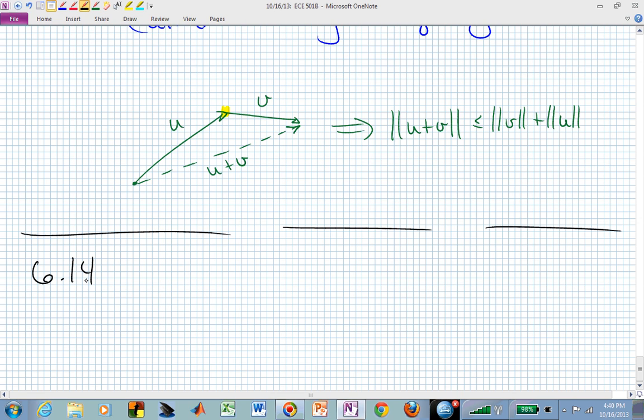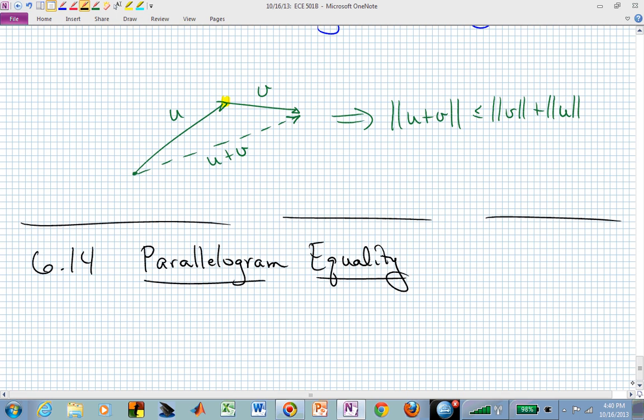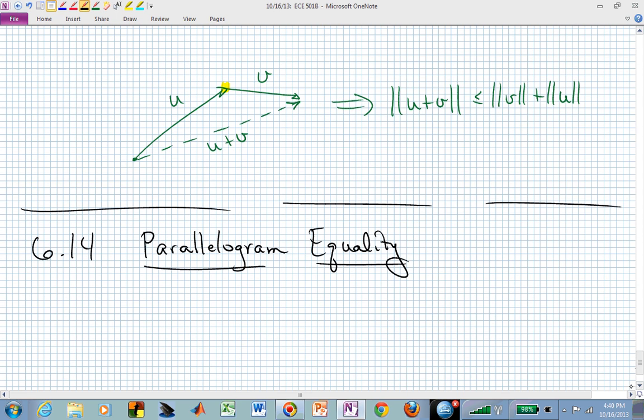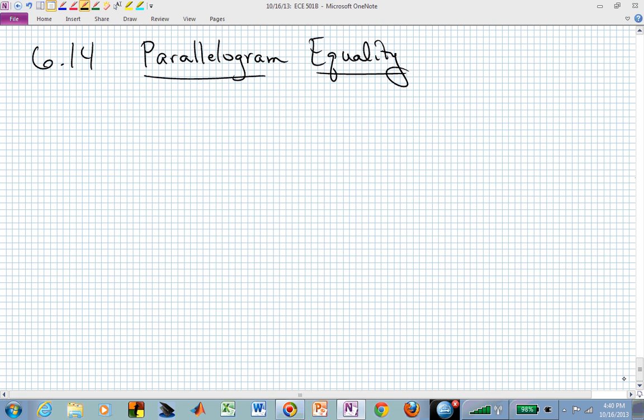Well, I kind of like geometric figures. Apparently Axler does too. So the next one is the parallelogram equality. No inequality here. Maybe it's easier to state it first and then we'll draw a picture after we prove it.